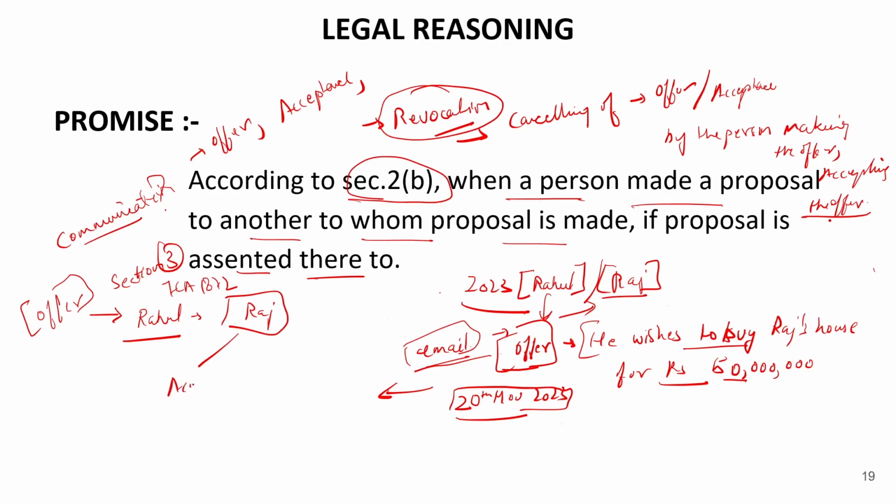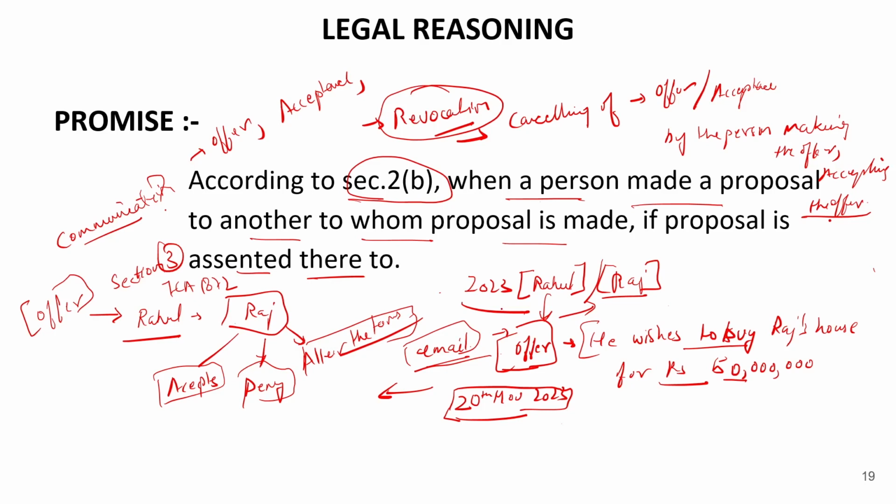Either he can accept the offer given by Rahul, or second, he can deny, saying I don't want to sell my house. Or third, he can alter the terms. These are the three options that are possible for Mr. Raj if there is any sort of offer.